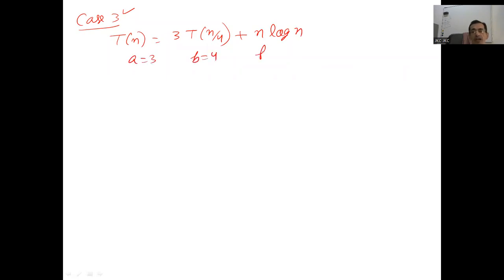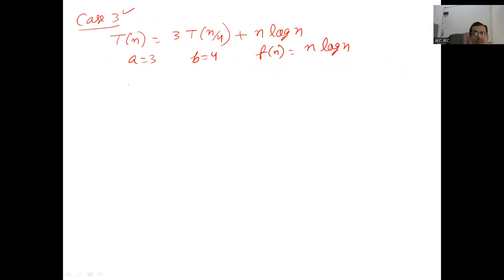Then going to the third case, when case 3 will be applicable. Assume Tn = 3T(n/4) + n log n. In this case, a equal to 3, b equal to 4, f(n) is n log n.